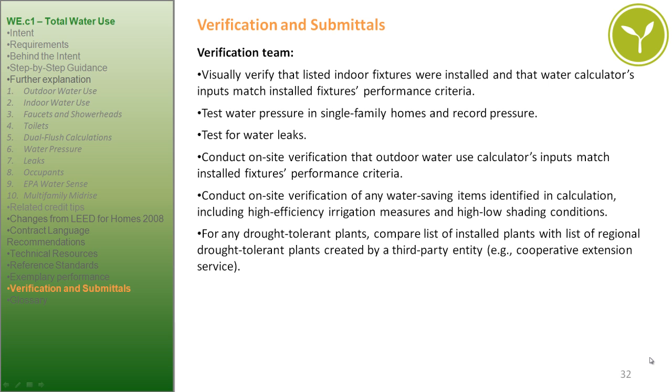Conduct on-site verification of any water-saving items identified in calculation, including high-efficiency irrigation measures and high/low shading conditions. For any drought-tolerant plants, compare list of installed plants with list of regional drought-tolerant plants created by a third-party entity, for example Cooperative Extension Service.